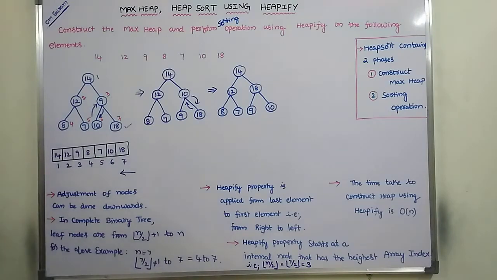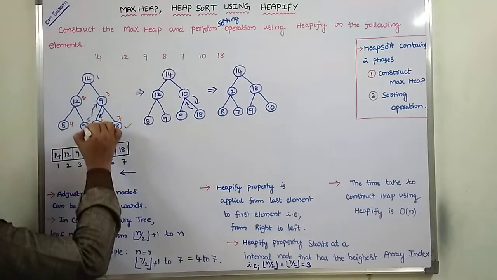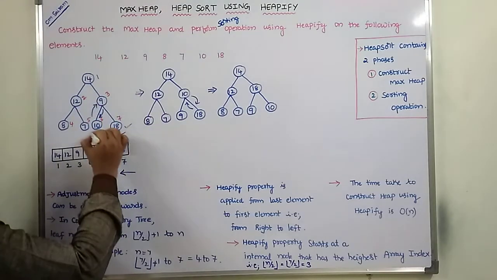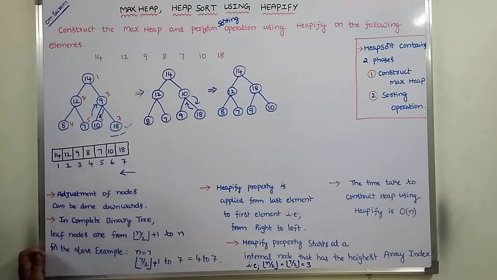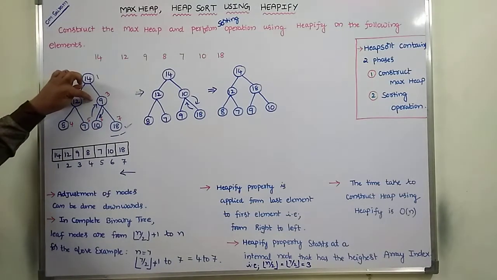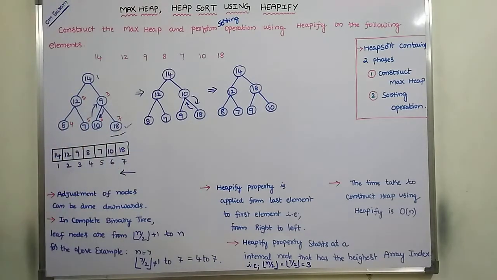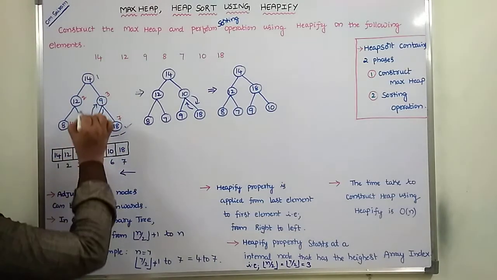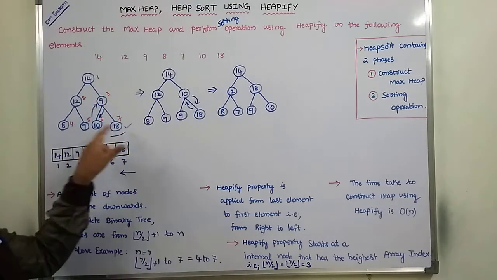Up to now we have to perform the Heapify property on these three elements 9, 10, 18 only, because now we are considering node 9. Node 9 has two children, 10 and 18. Now this should satisfy the maximum heap property: 9, 10, 18.